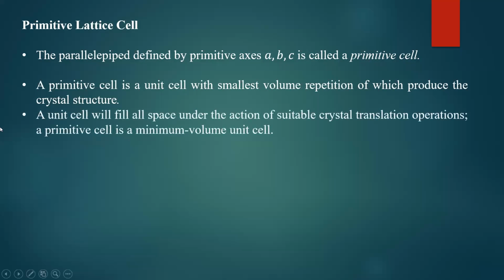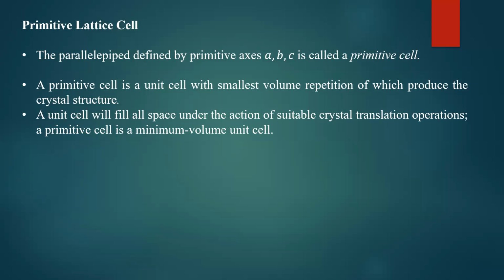I will show you in a diagram later, but remember, among the unit cells, the one of the smallest volume is called the primitive cell. The unit cell will fill all the space under the action of suitable crystal translation operations. A primitive cell is the minimum volume unit cell. This unit cell can repeat in different directions, along the x-axis, y-axis and z-axis, in accordance with suitable crystal translational operations.